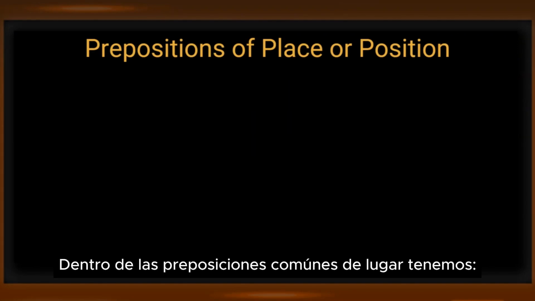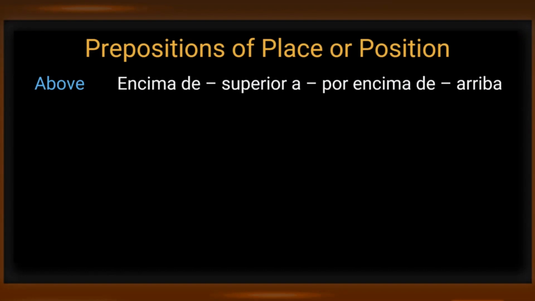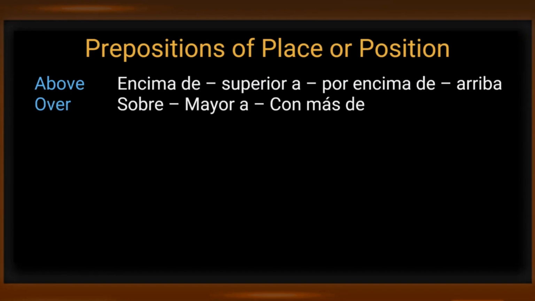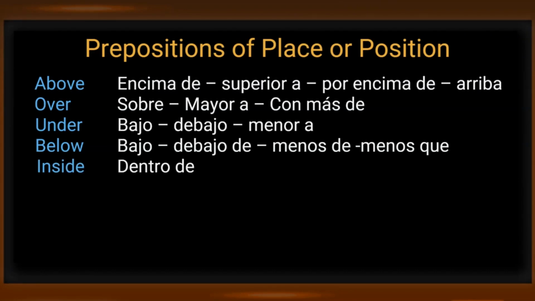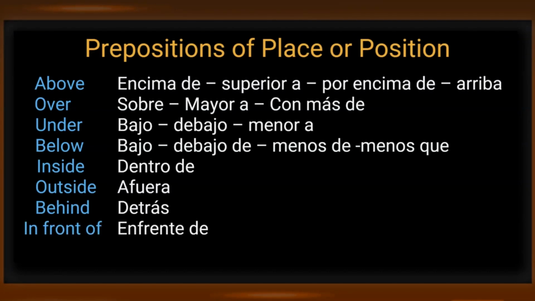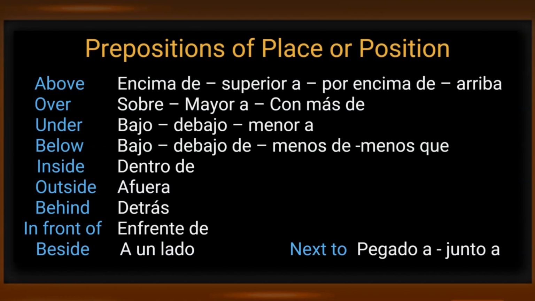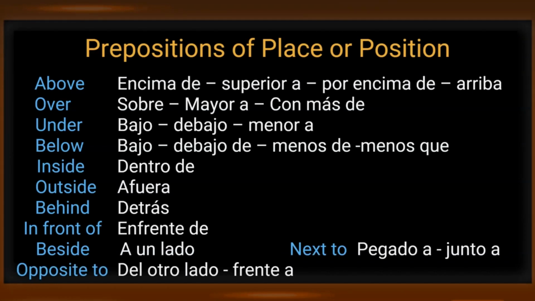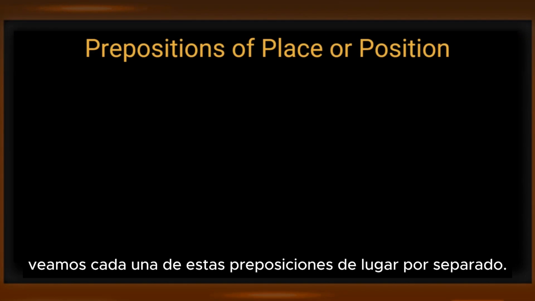Among the common prepositions of place we have above, over, under, below, inside, outside, behind, in front of, beside, next to, and opposite to. Now, we have a look at each of these prepositions of place separately.